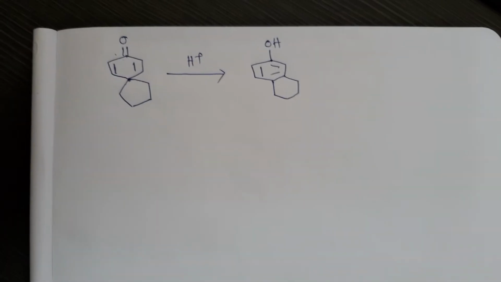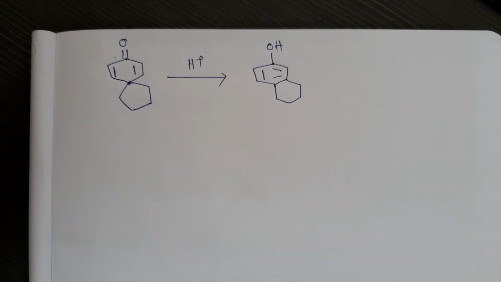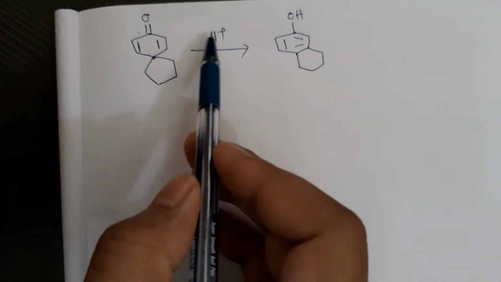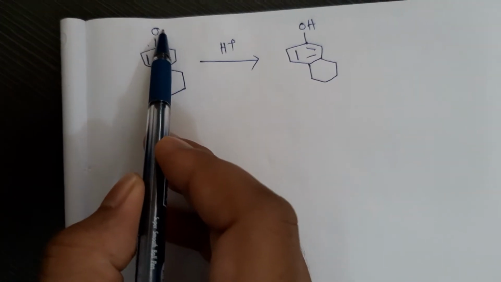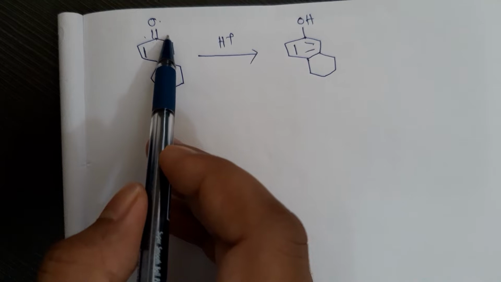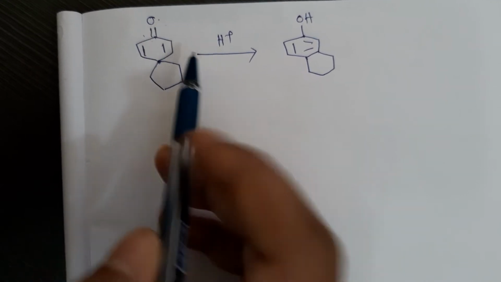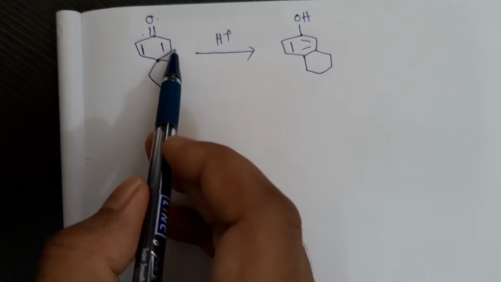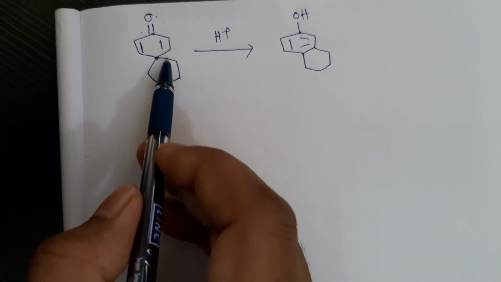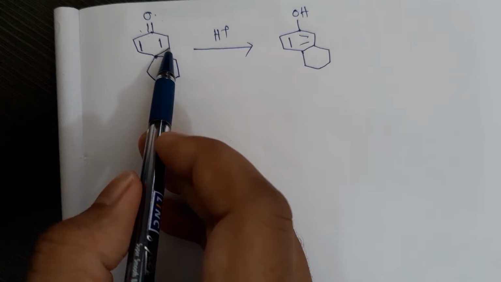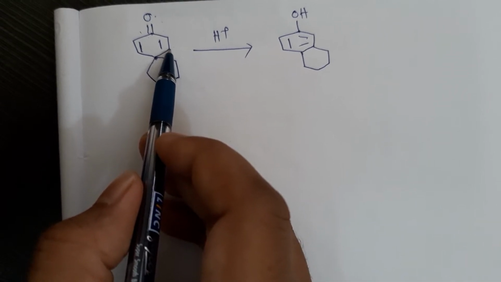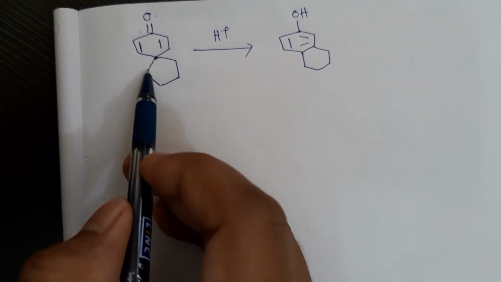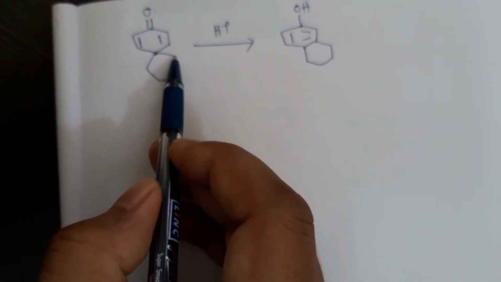Do you understand how it is formed? Let's see. First protonation occurs at that carbon, and then this comes here, OH. So a carbocation is generated here. After that, this ring is opened and joined here. So there will be a 1, 2, 3, 4, 5, 6 membered ring, and then this product will be formed.